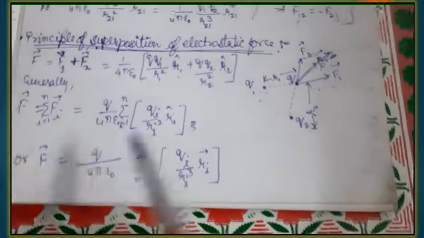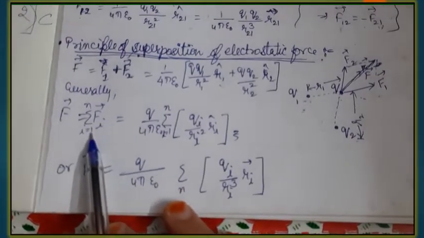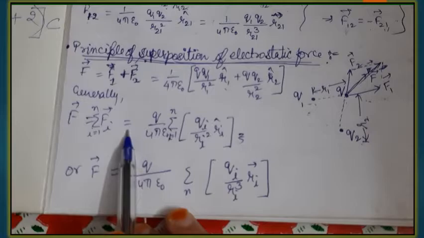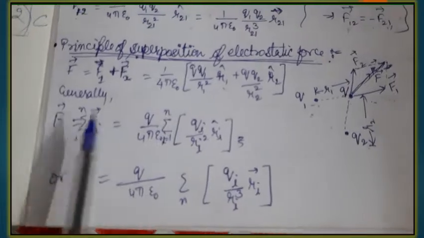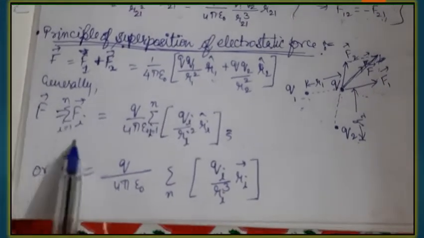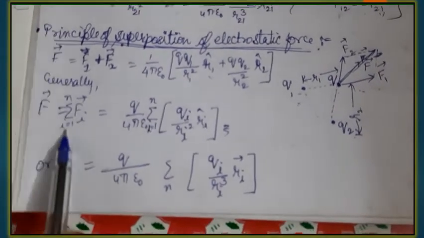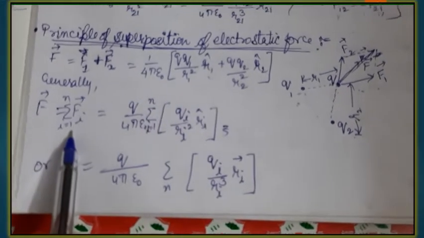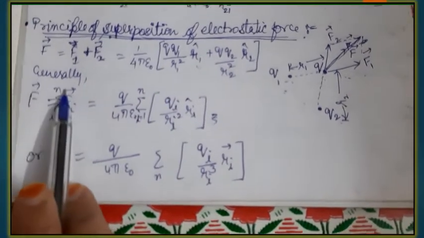If I want to generalize this expression of the superposition principle for n number of forces, then the total force due to superposition of n forces is the summation of all the forces, summation Fi, where i goes from 1 to n.